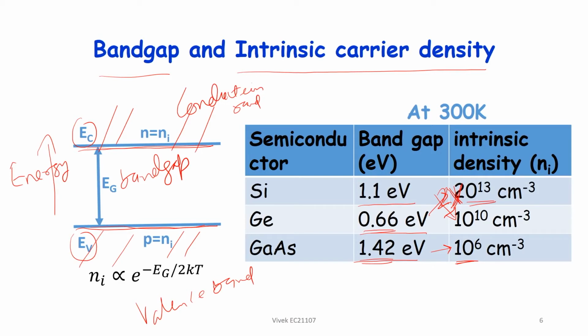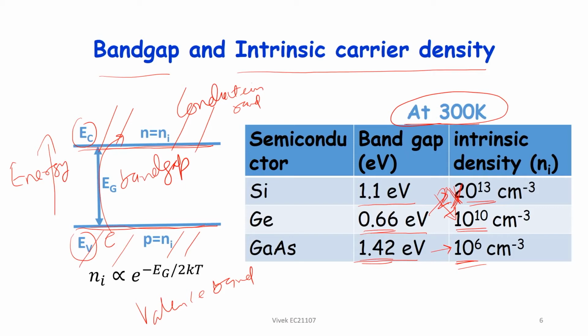Why? Because these are the properties at room temperature. At room temperature we know that energy will be of the order of kT. So electrons in the valence band will have the ability to acquire thermal energy and go to the conduction band. A very small amount. For example, silicon is 10 raised to power 10.